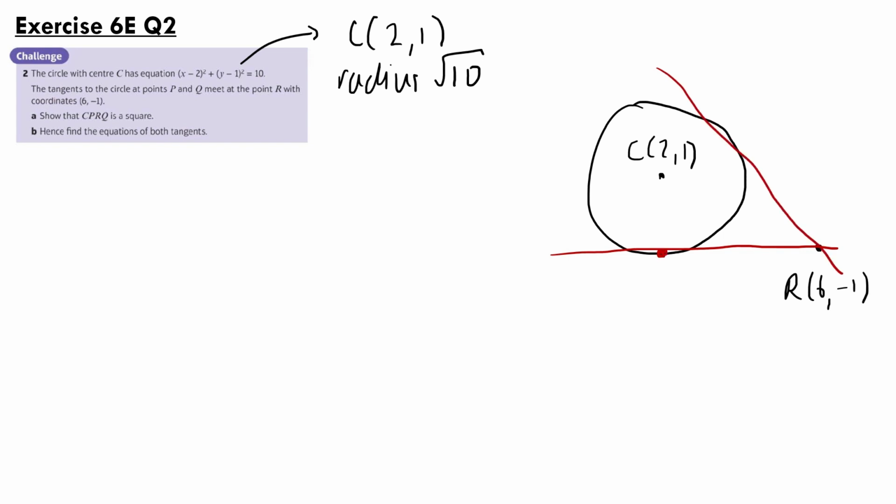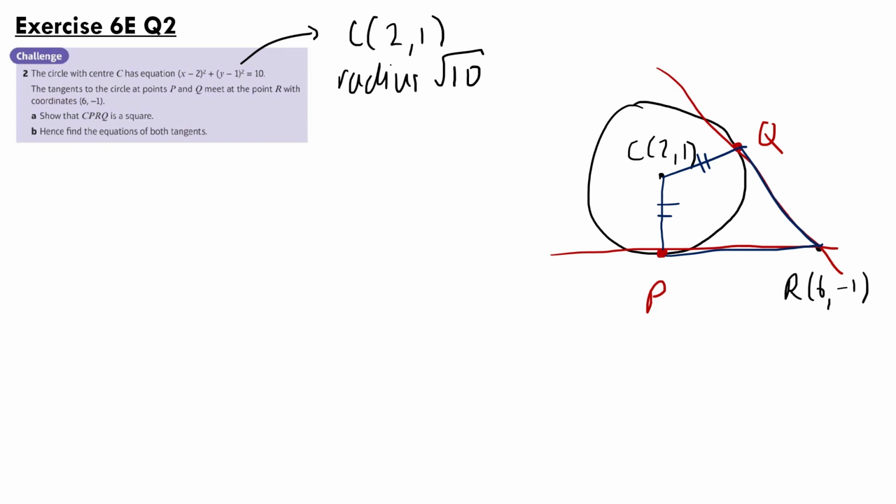And the tangents meet the circle at the points P and Q. Okay, and we've been asked to show that CPRQ is a square.